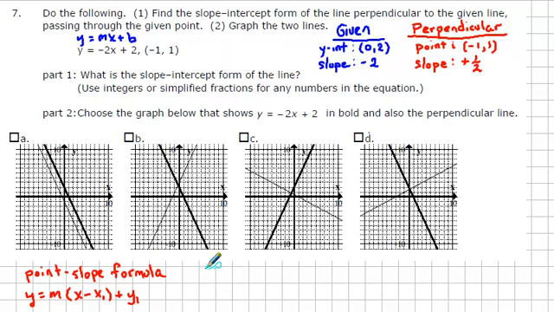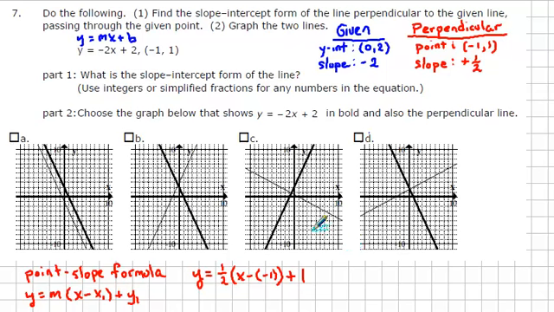So for our perpendicular line, we'll just substitute in the values that we know, and we'll get y is equal to m, which is positive 1/2, multiplied by x minus the x value of the point. The x value of the point is negative 1. And then plus the y value of the point. The y value of the point is positive 1.